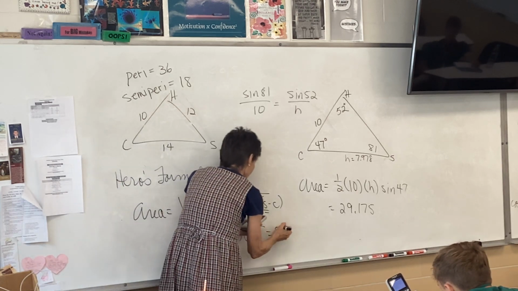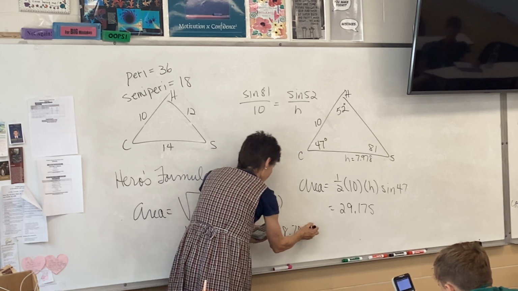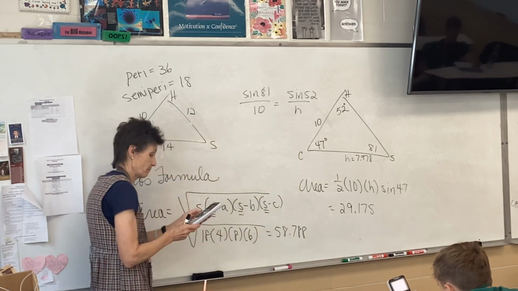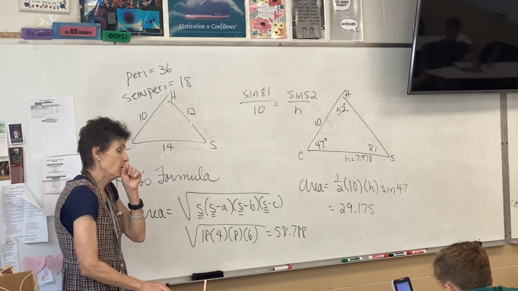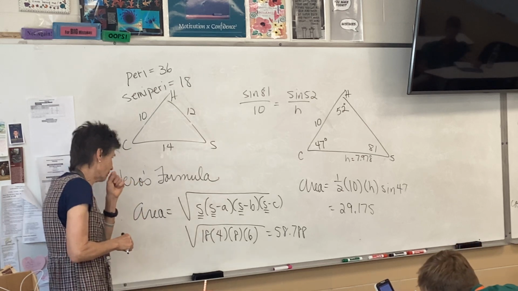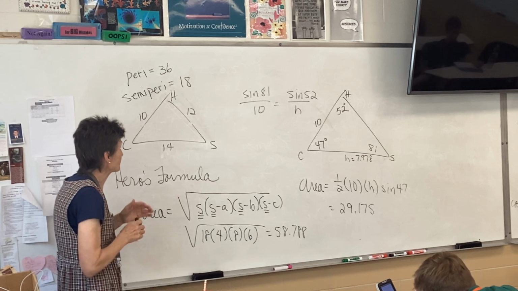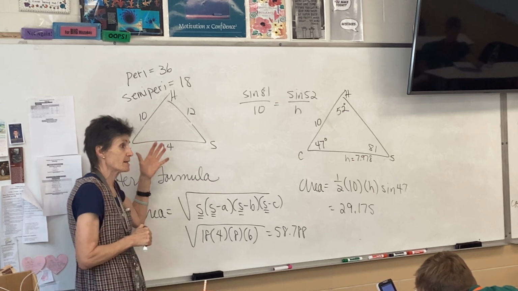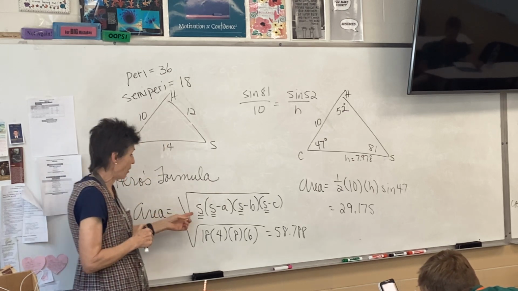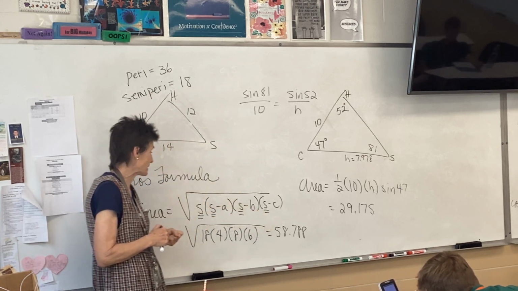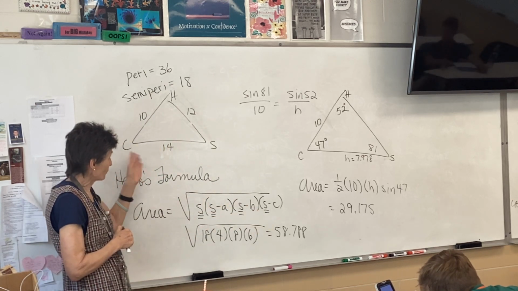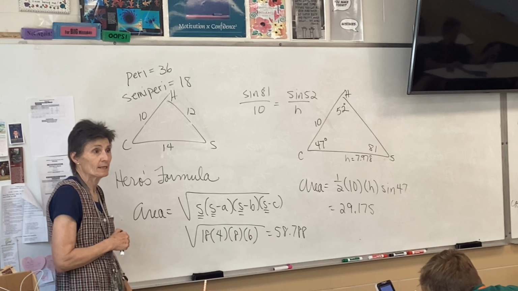And I got 58.788. Please don't use Hero's formula unless you've got all three sides. Because if you have any rounding off at all, it's just going to get multiplied like crazy in there. But as long as you have all three sides, you can do it in a snap.